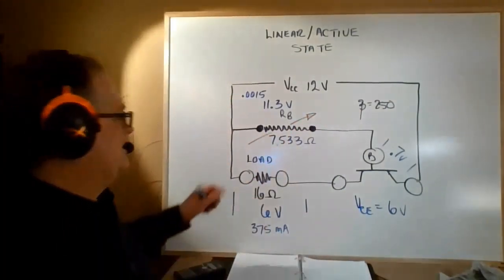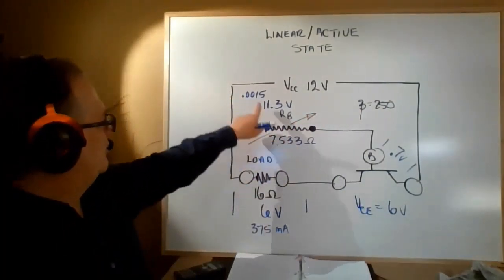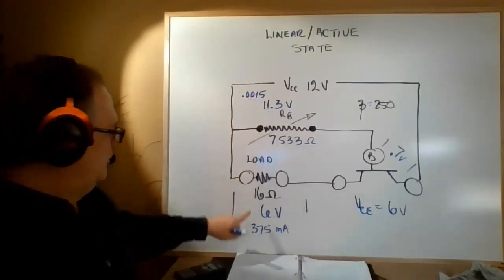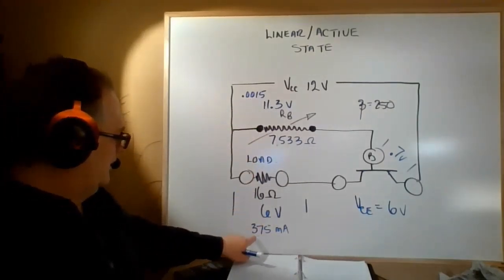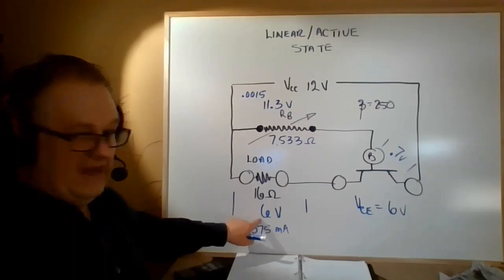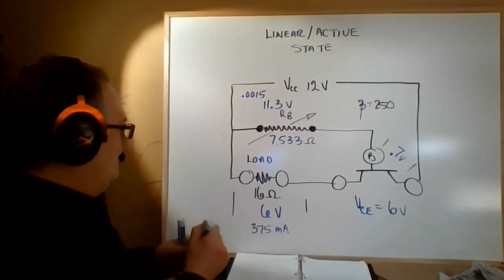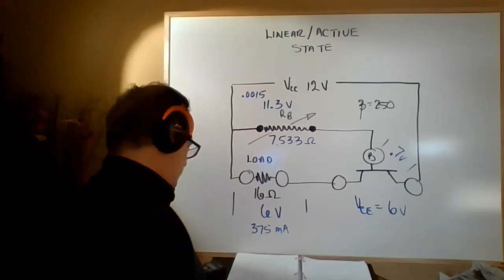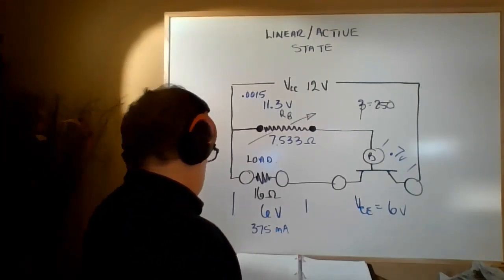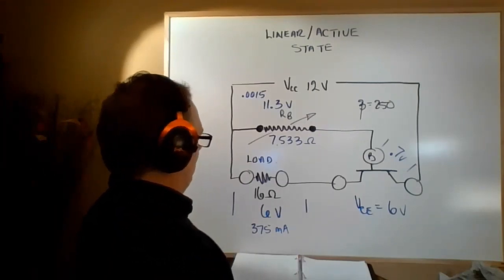Reducing the resistance would raise the base current, which would raise the collector current, and the highest we could go would be 11.9 volts. I'm not going to run that one through, but I'd like you to do the math on it.